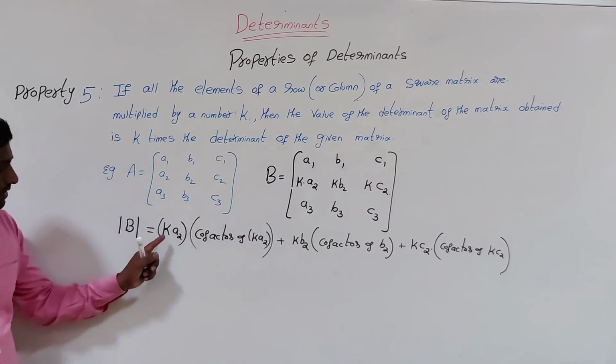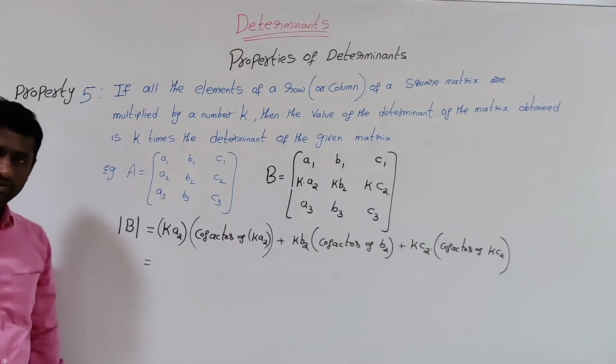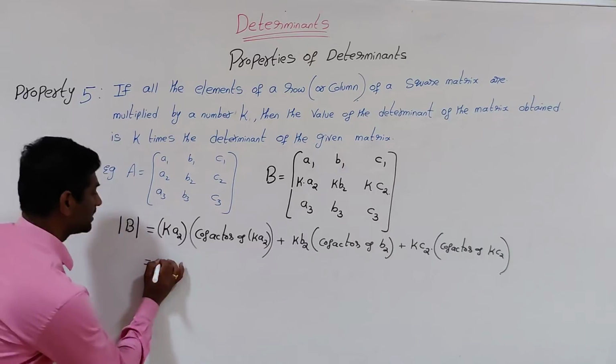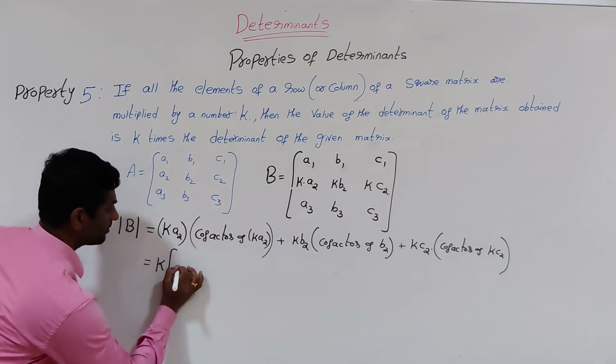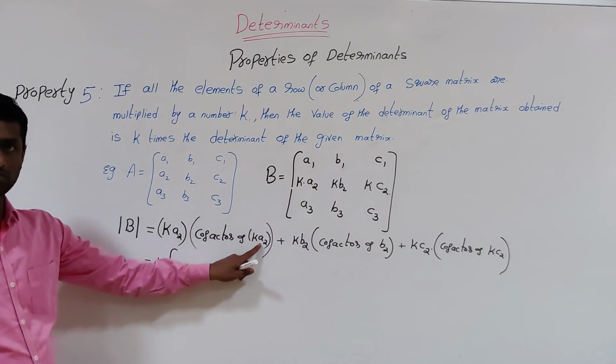So in all these terms, K is fixed, that is, K is common. We can take K common. A2 into cofactor of A2.